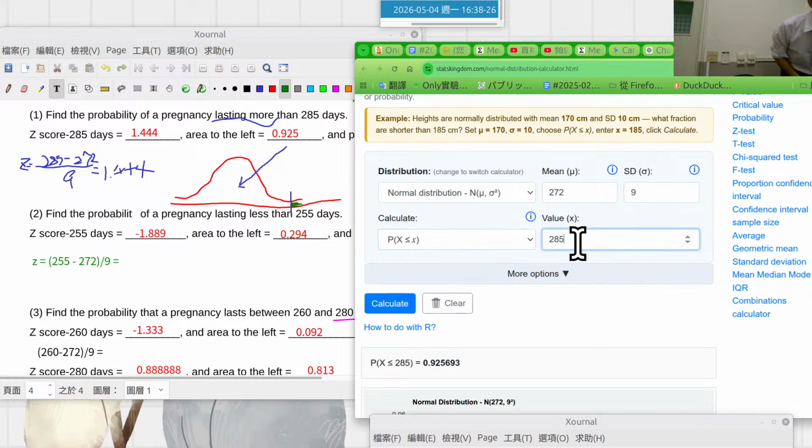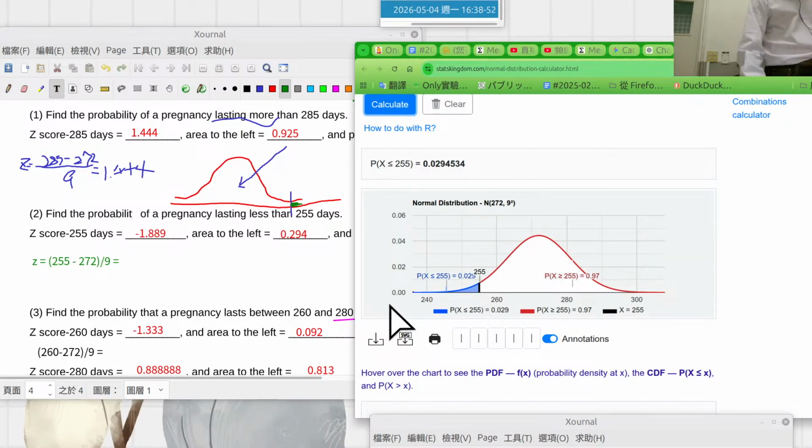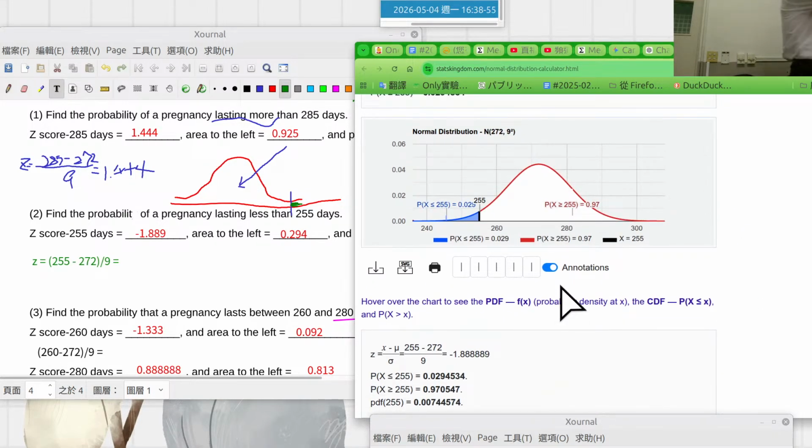And next, who can tell me what's the value here? 255 days, change it to 255 days. Click calculate. Ta-da! Personally, the drawing is very perfect and beautiful. 255 is far away from the center, less than 255 days is here.